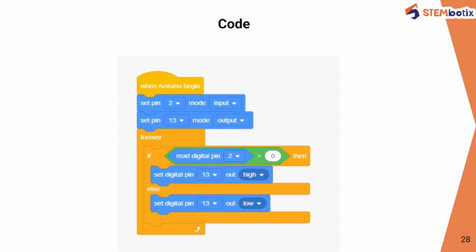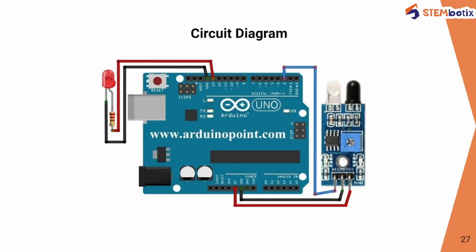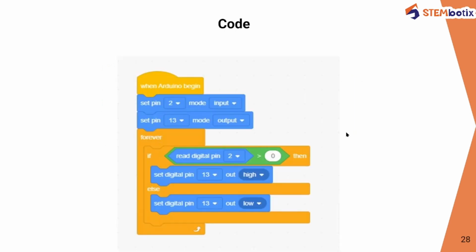After that we want to set these two pins, that is, which device is performing as which particular type. Here is our IR sensor and here is the LED. The LED is connected to pin number 13 and is our output device, whereas the IR sensor is connected to pin number 2 and is the input device.